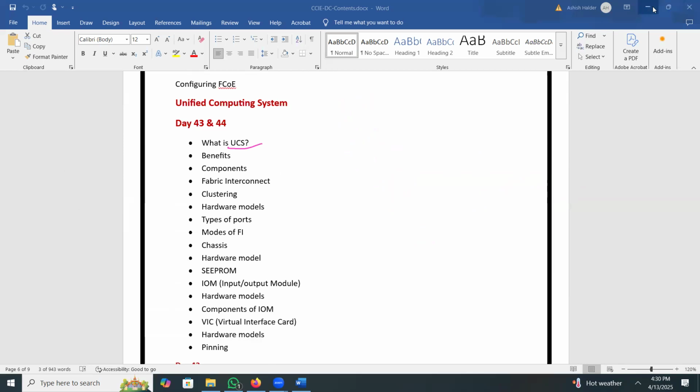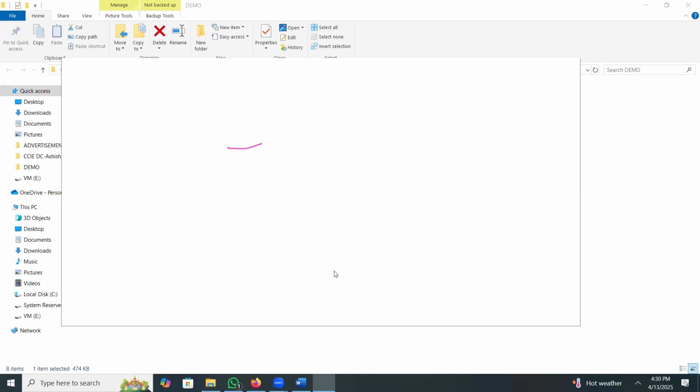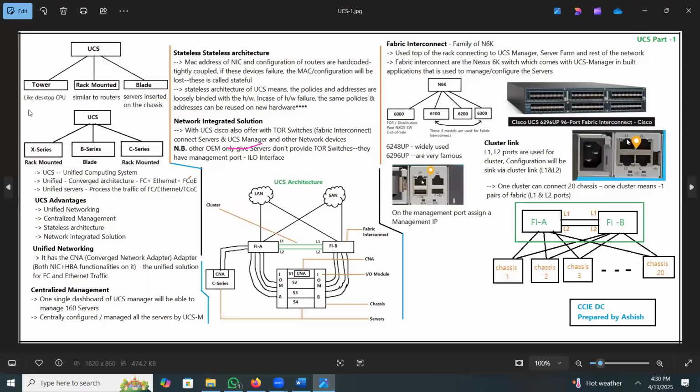So let me open a slide. I have more and more slides as well as PDF documentation that I will share. So this is UCS. We have the Cisco UCS server, right? You can see here, this is the topology. These are actually our fabric interconnects.